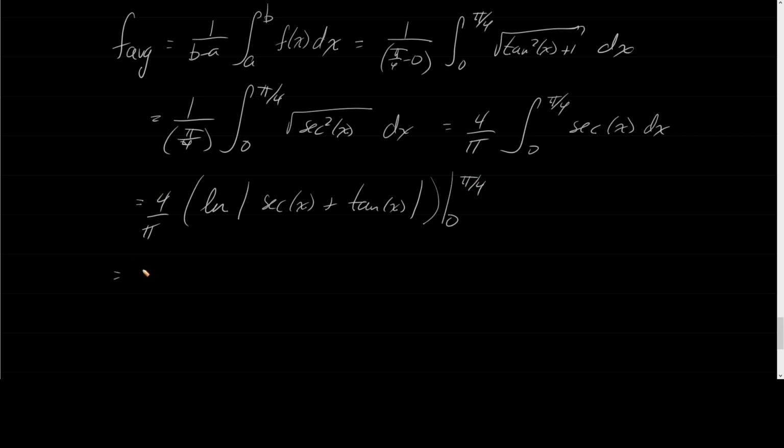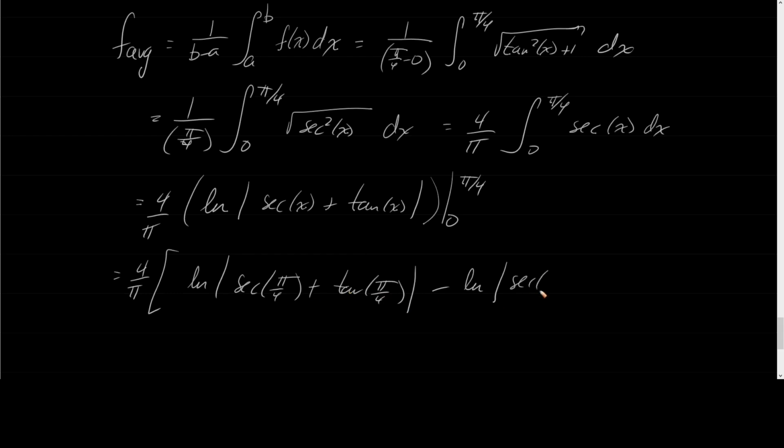Let's see. I'm going to factor out the 4 over pi, and plug in pi over 4: ln of the absolute value of secant of pi over 4 plus tangent of pi over 4, minus, plug in 0, ln of the absolute value of secant of 0 plus tangent of 0.